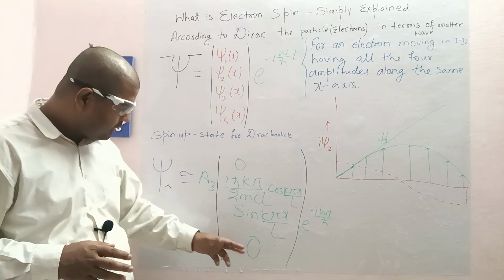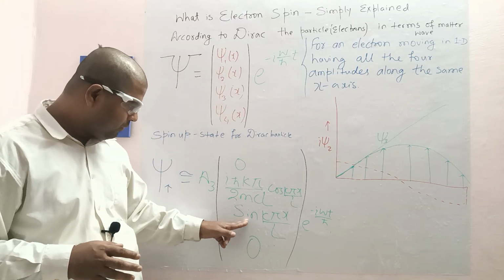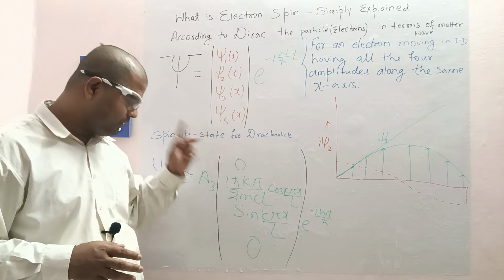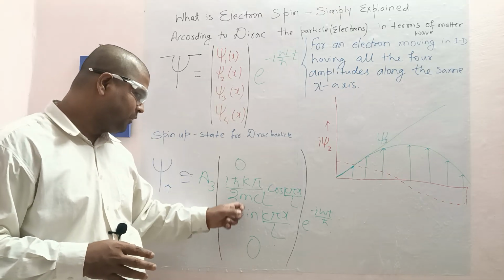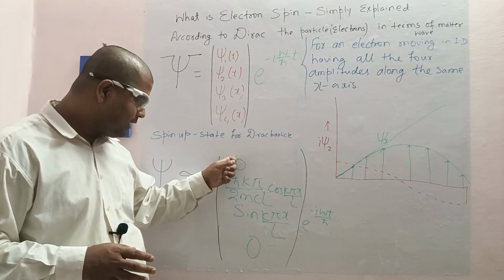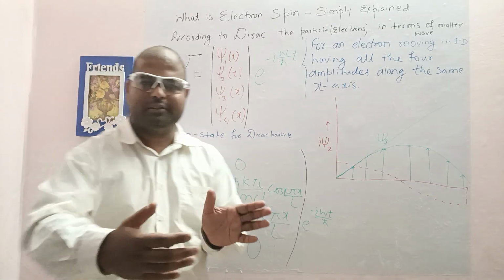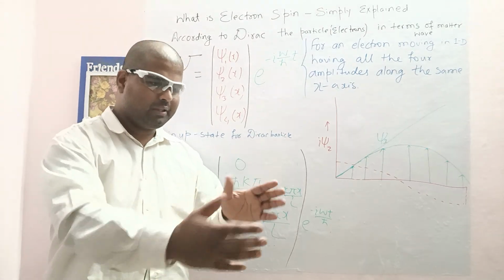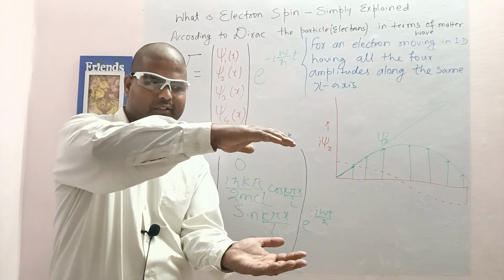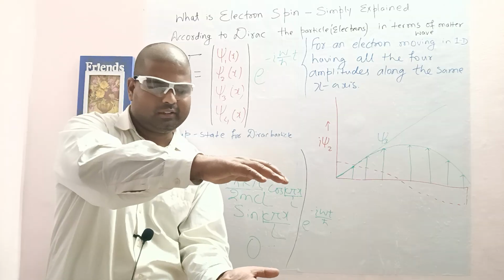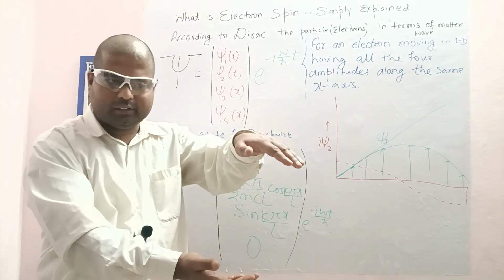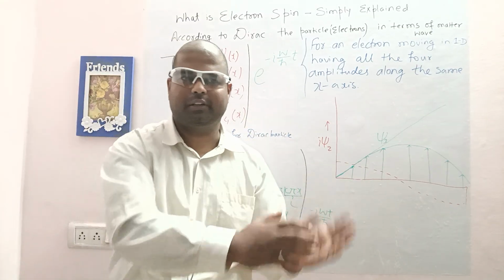In a spin up state, this is zero, this is bigger, this is smaller, and this is zero. It means the bigger one has switched from here to here, and the smaller one has switched from here to here. Means they have interchanged. Earlier it was vertical, now that one is horizontal. Earlier what was horizontal, now that one is vertical. And this gives you an insight.